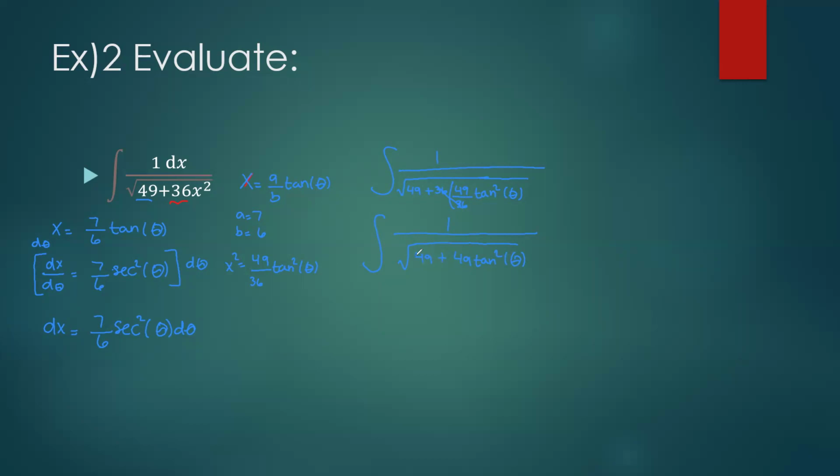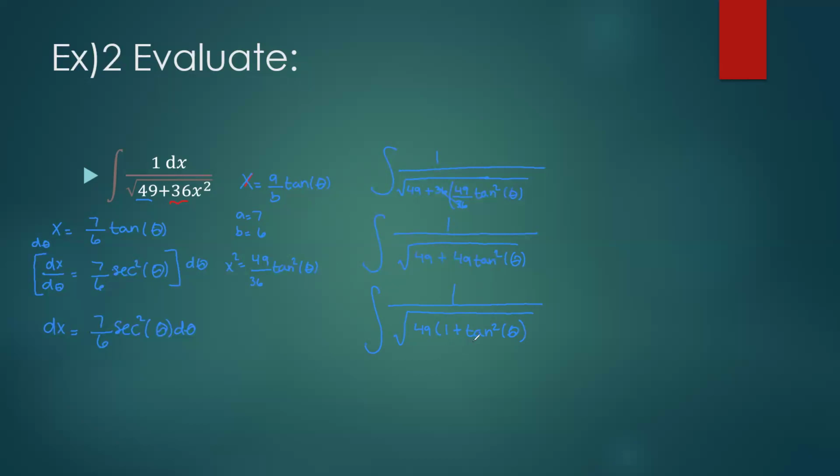You could factor out the 49, so that's 49 times 1 plus tan squared theta.